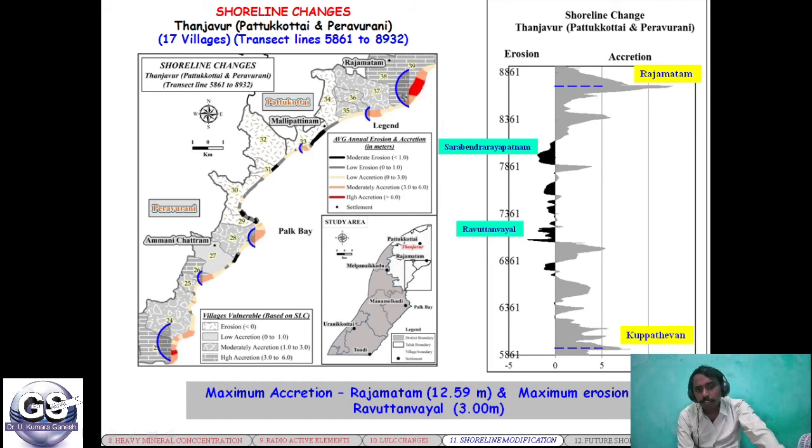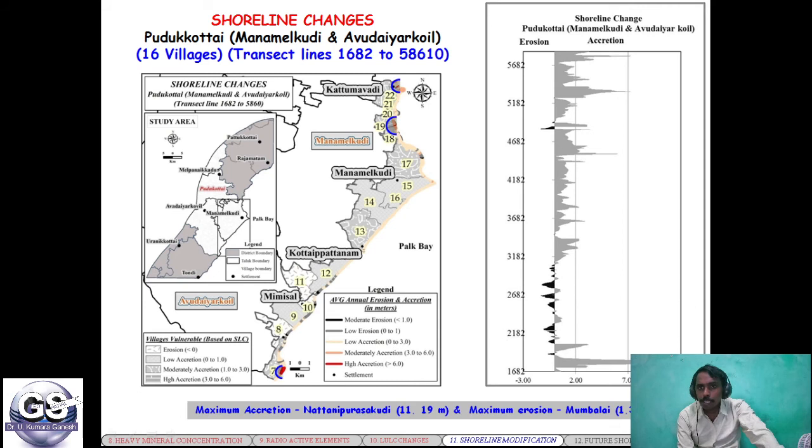Among these 17 villages, maximum accretion was noticed in Rajamadam village with a value of 12.59 meters, and maximum erosion was noticed in Ravutan Vayal village with a value of 3 meters. In Pudukkottai district, 2 taluks were noticed with 16 villages.